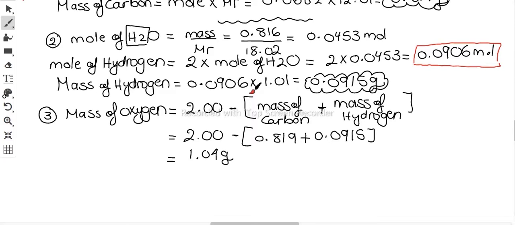Now, after finding the mass of oxygen, I'm going to find the mole of oxygen. In this situation, I will take my mass and divide it over 16.